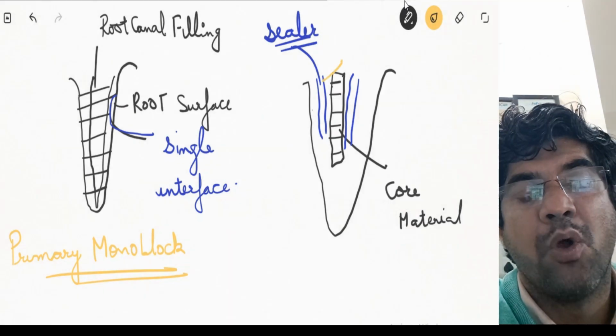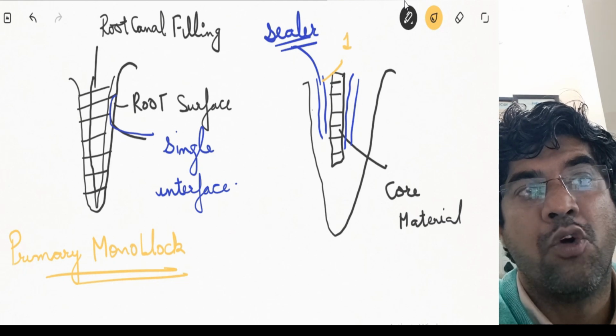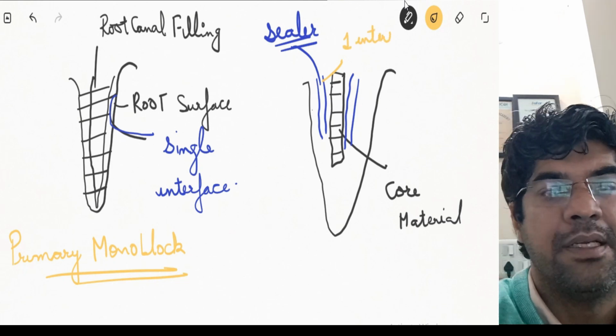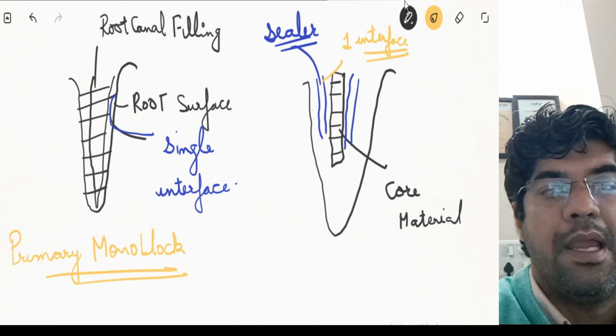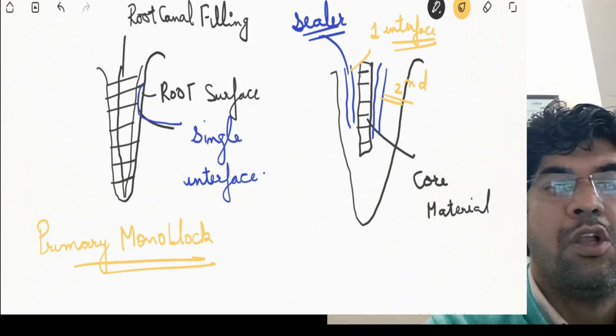So in the secondary monoblock you will have two interfaces. One is between the core material and the sealer, and second is the interface between the sealer and the root canal.